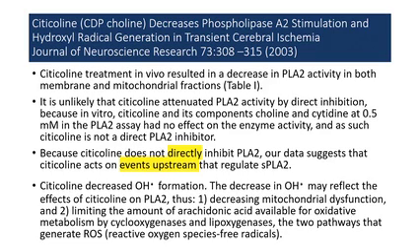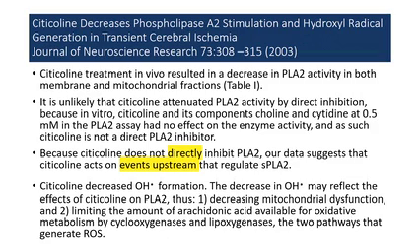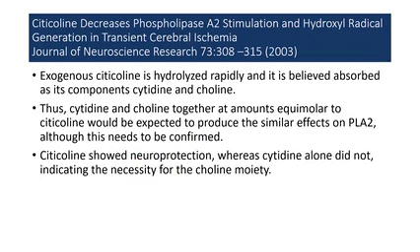What was interesting is that when you take CDP choline, it's broken down very fast, and it's believed that it's absorbed from the intestinal tract as two separate items, cytidine and choline.